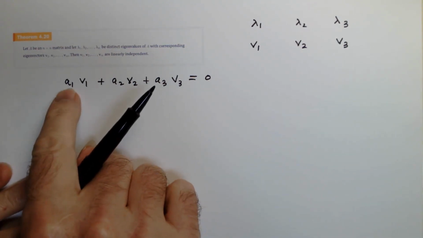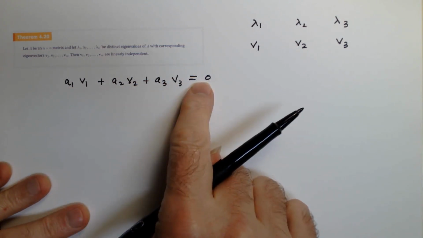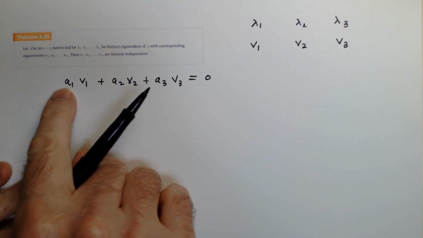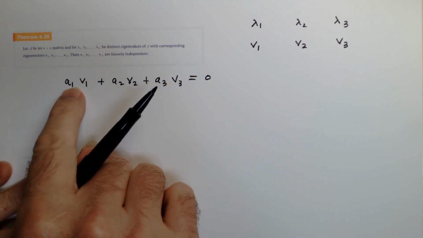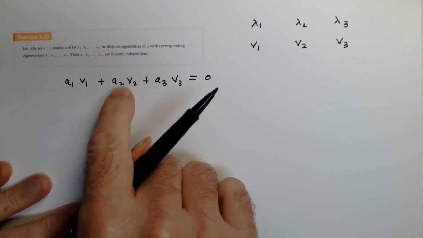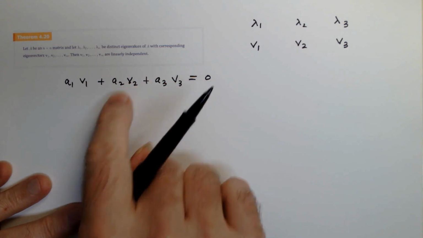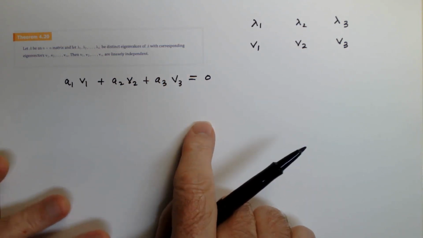Okay, so here's the way the argument works. First, we're going to apply the matrix A to both sides of this equation. When we apply the matrix A to this side, we can use the linearity of the matrix to show that it's equal to a1 times A applied to v1, a2 times A applied to v2, and a3 times A applied to v3.